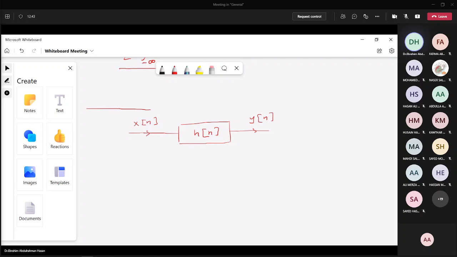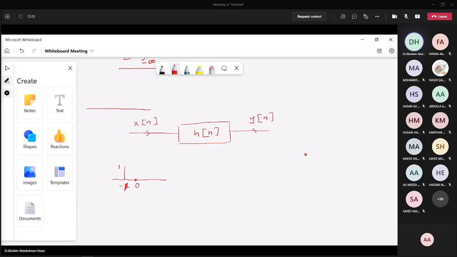Okay, in discrete, x of n could be like this. ناخذ مثال بسيط، يعني let me say that this is at minus 2, it's equal to 1. خليها minus 1.